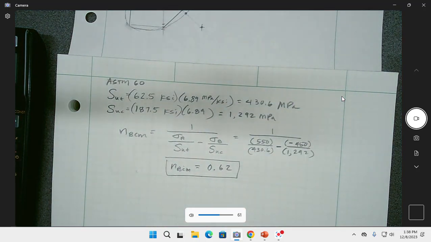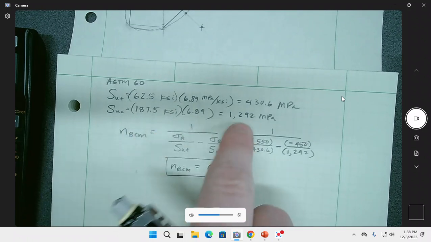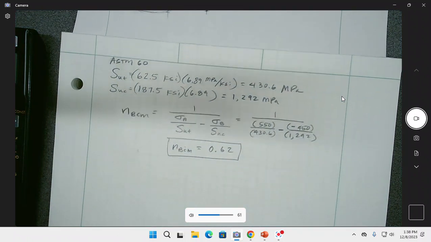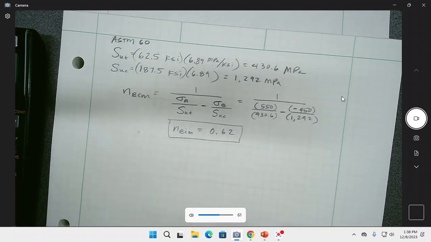So if we decide we want to use something that's got more capacity, at least in the compressive, and if you were to plot this one out, you have to pick it a little bit more skewed. So let's say we're at right here, and right here. Actually, I don't know if I went far enough.